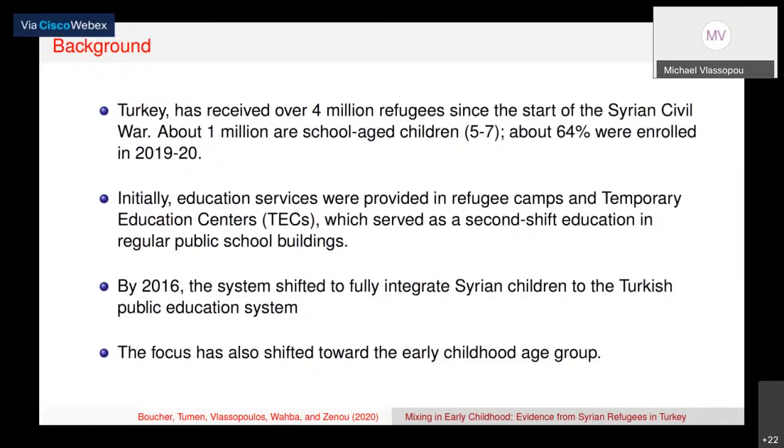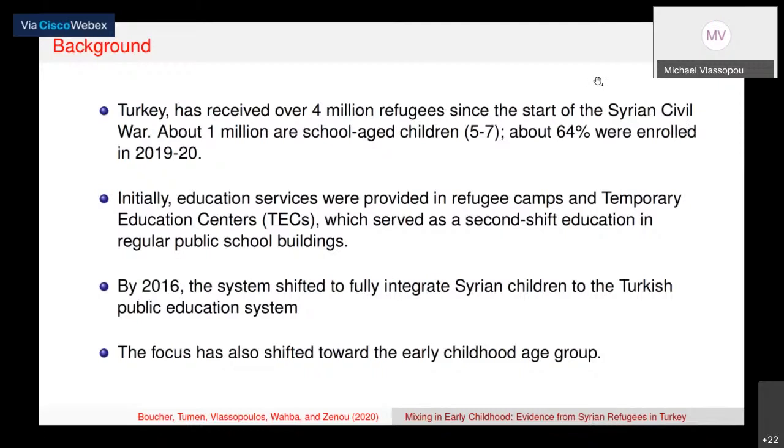One interesting and relevant statistic here is that of the school-aged children, about, actually this is a typo, it's school-age children, ages 5 to 17, about 64% of them are enrolled in academic year 2019-20, and this is a major policy concern in Turkey. The relatively low attachment to school is particularly true for kids of high school age.